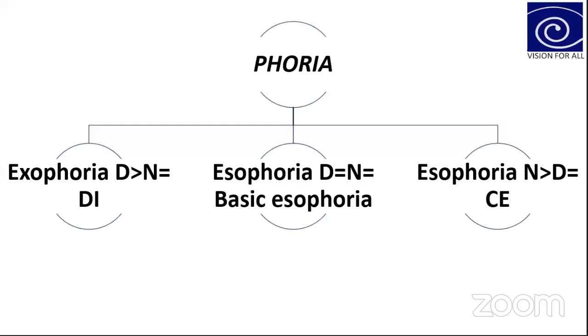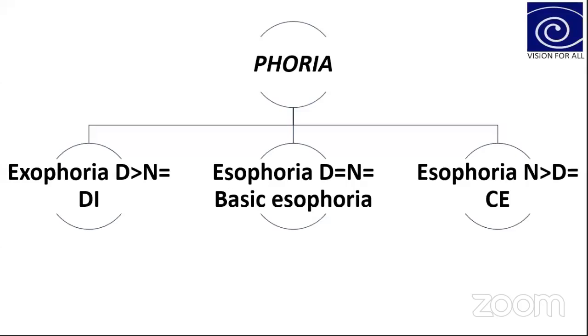If the exo phoria is unequal between distance and near, and the difference in the magnitude of the exo phoria for distance and near is less than 5 prism diopters, then it is basic exo phoria. And if the exo phoria is more at near, then it is convergence insufficiency.